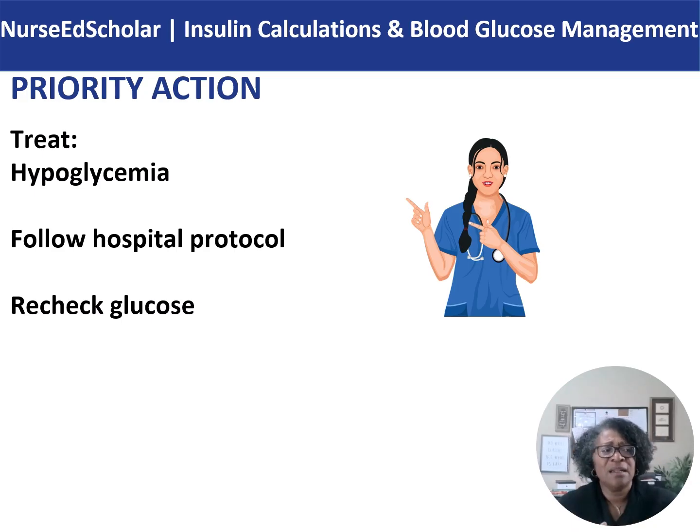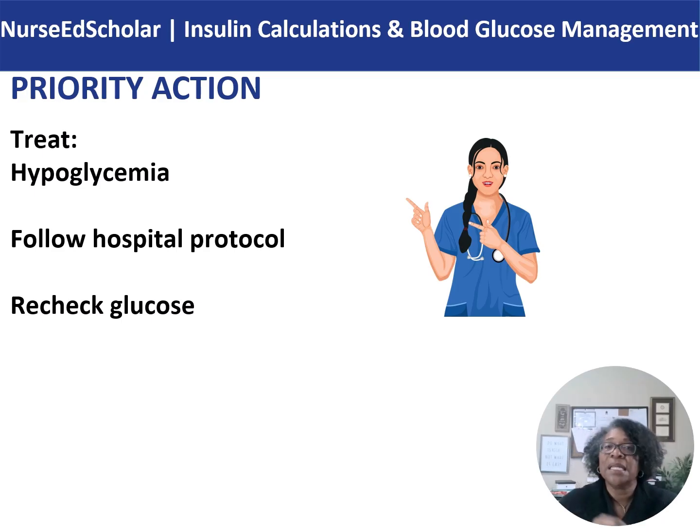And that 15 grams of carbs could be like a half a cup of juice, a tablespoon of sugar or honey. It could be 6 or 7 hard candies like Lifesavers or something, right? Or they have glucose tablets, so you may be given 3 to 4 glucose tablets, right? So you give one of those, you wait 15 minutes, and then you repeat it again. And if it's less than 70, and that's whatever the hospital protocol is, so we're saying it's 70, and then it's less than 70, you give another 15.